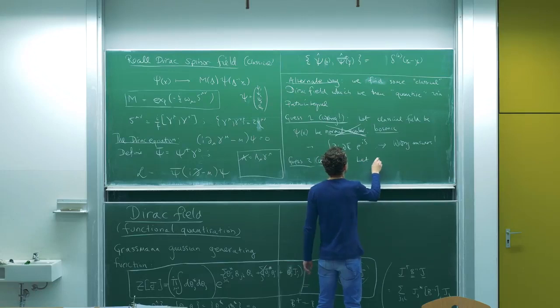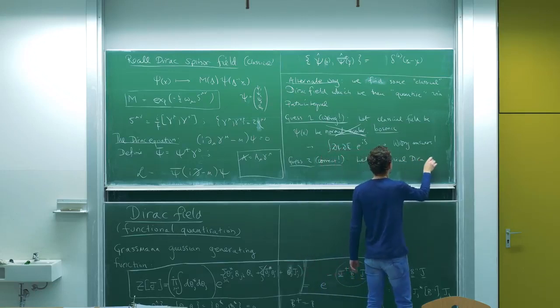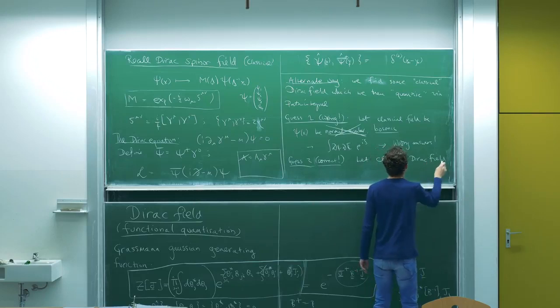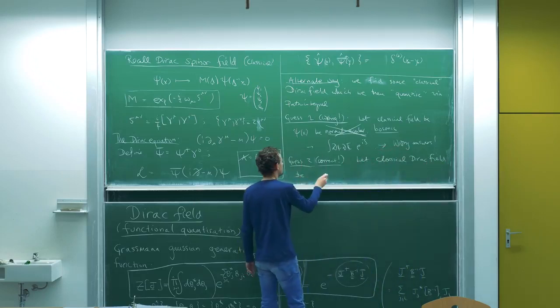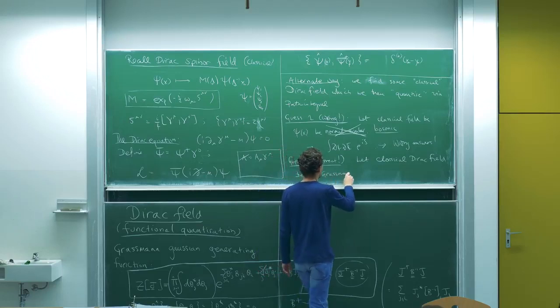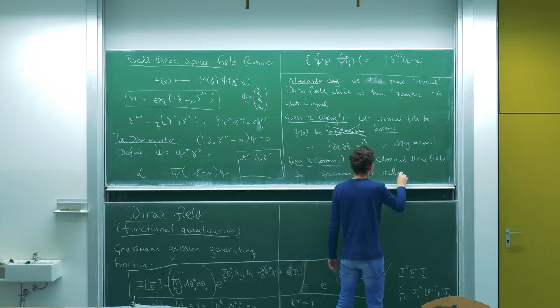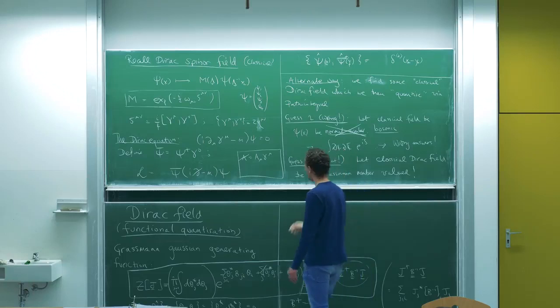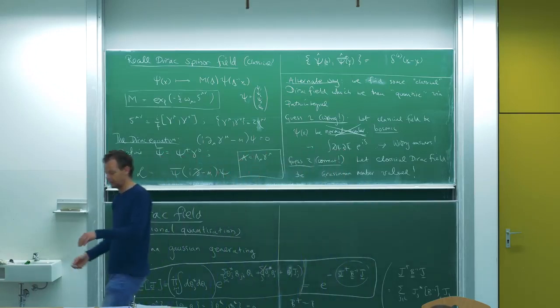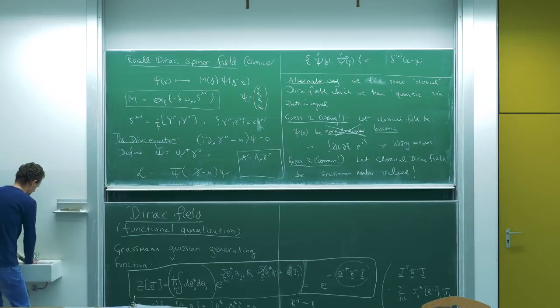So this works. You define some Grassmann number valued field, and you simply declare that to be the classical Dirac field.